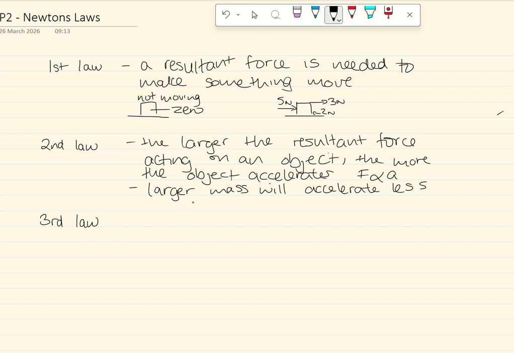Okay, and that brings us to force is equal to mass times acceleration, where force is measured in newtons, mass in kg, and acceleration is meters per second squared.